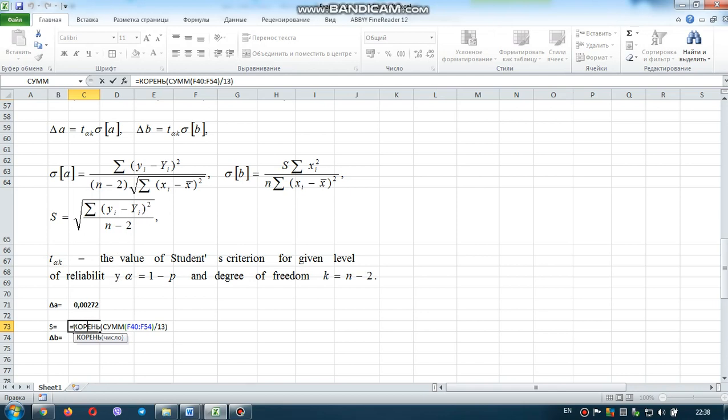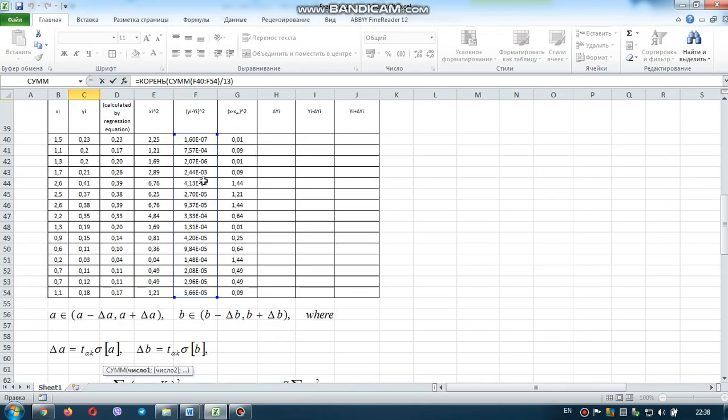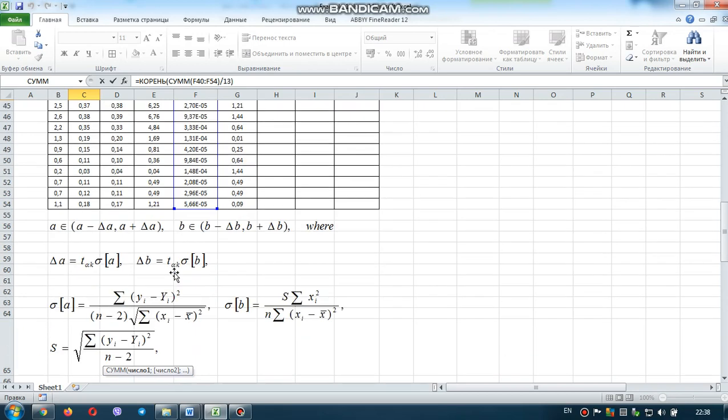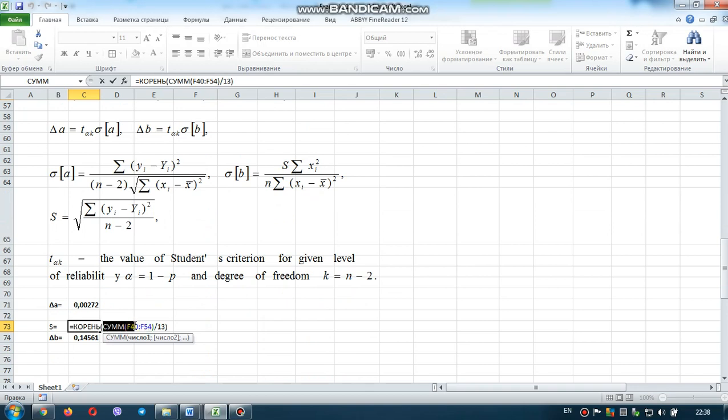So we determine the square root of sum of the differences between y and capital Y squared values. We have already determined these differences. So we just input the sum of these differences and divide it by 13. And we have the S value.